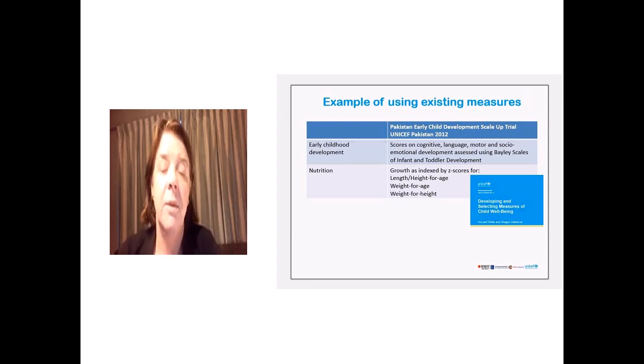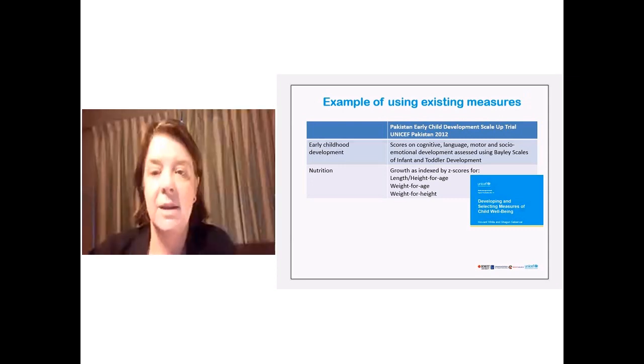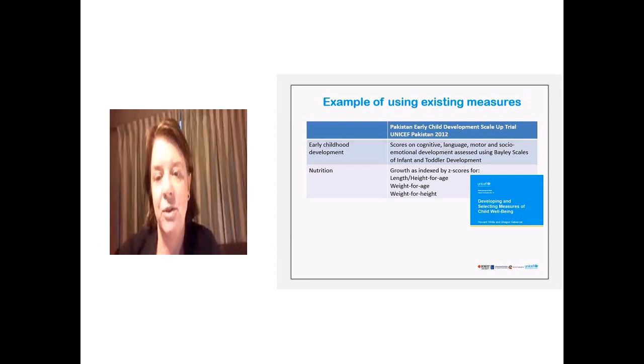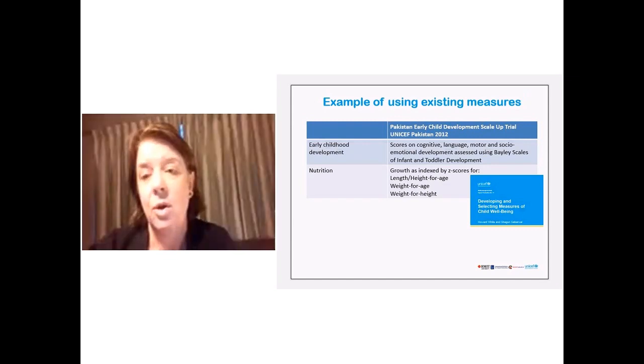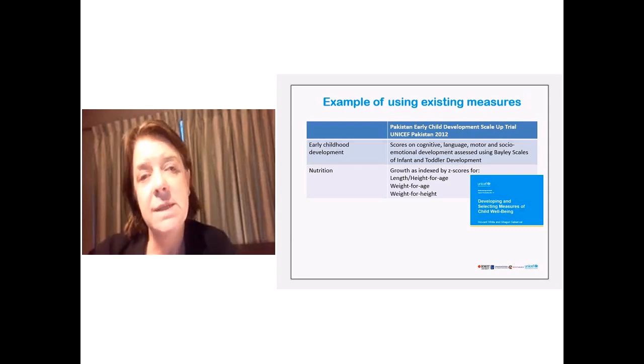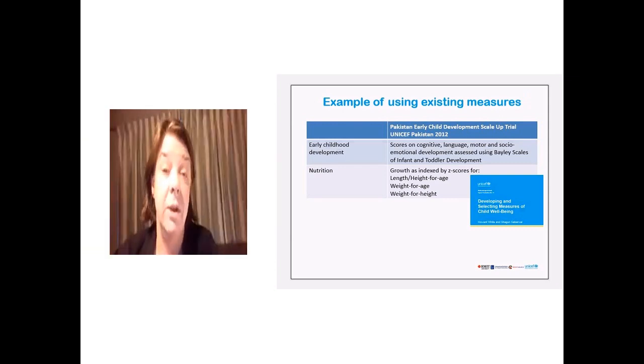And if a scale is appropriate to use, obviously it's better to use that than use something that's got doubtful validity or can't be compared or is going to take a lot of time to develop. And so there's a particular brief that looks especially at measures of child wellbeing, and it talks about some existing scales, and it talks about using existing data where possible.